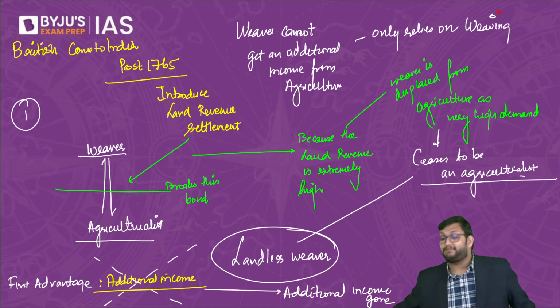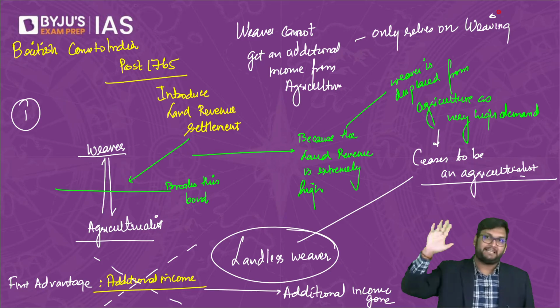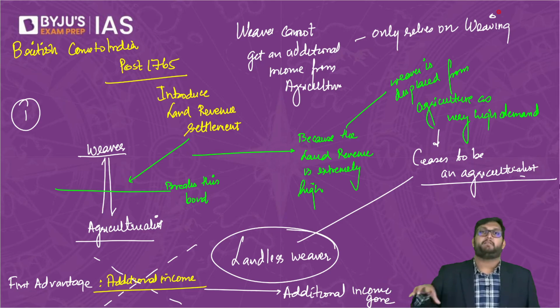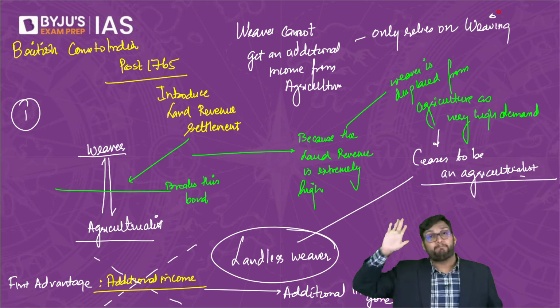So he can be a tenant, but why would he want to be a tenant? By producing his own food, he produces his own additional income. He can become a tenant as much as he wants to. But the basic point of the matter is, he still now does not have additional income. The land revenue settlement, because of the way it impacts agriculture, only displaces peasantry. A good full-time peasant is displaced.